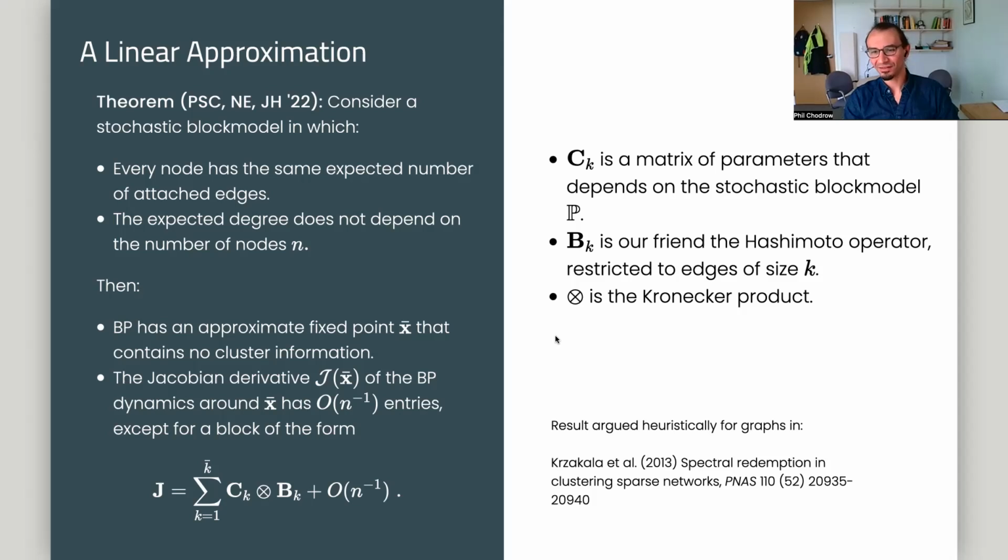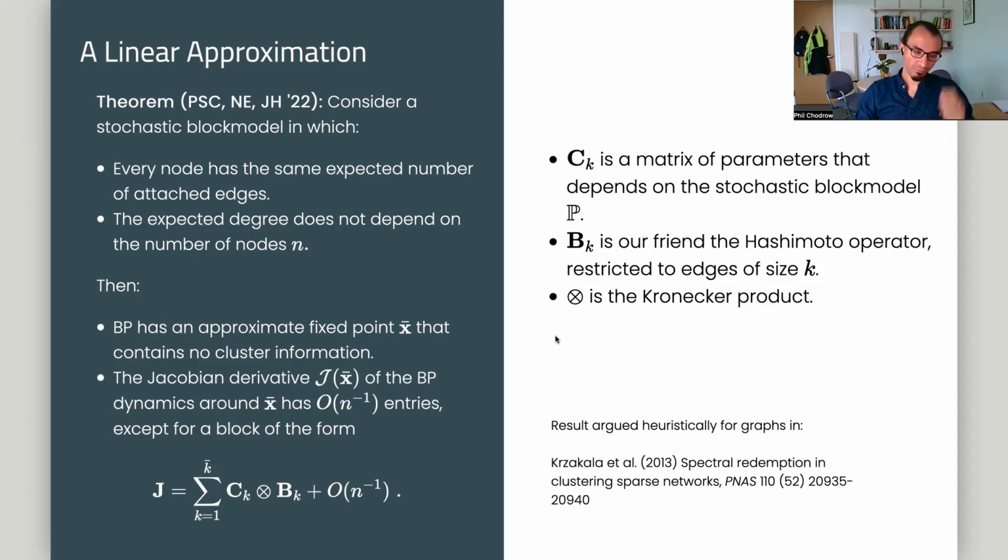C_k is a matrix of parameters that depends on the stochastic block model p. You can think of it as depending on the p_2 and p_3, those kinds of parameters that control the expected number of within and between cluster edges for each size k. And then finally, again, the circle-times is the Kronecker product.